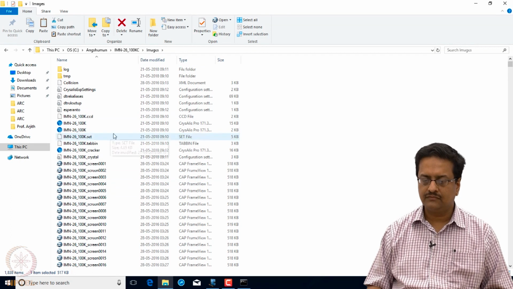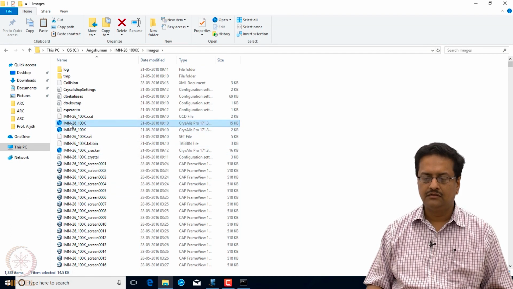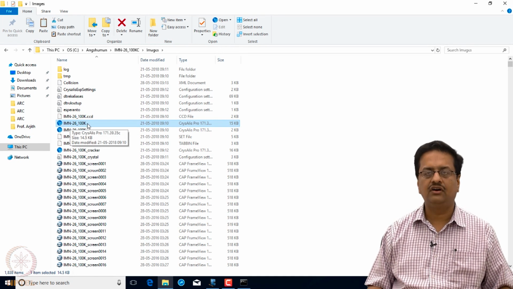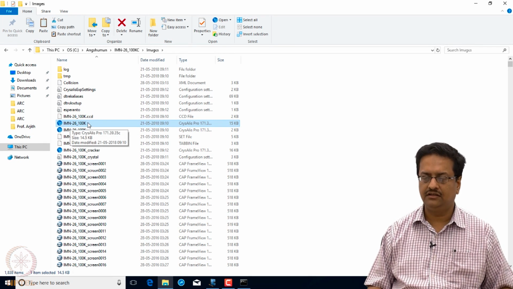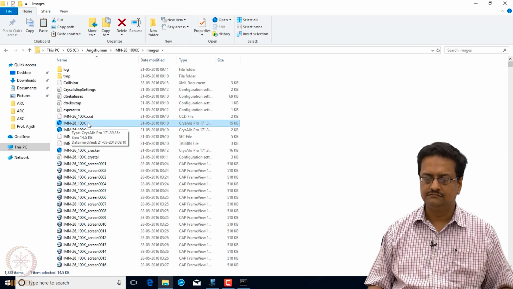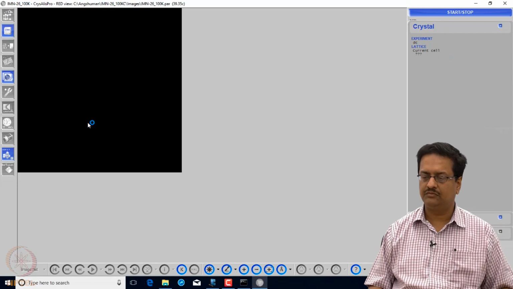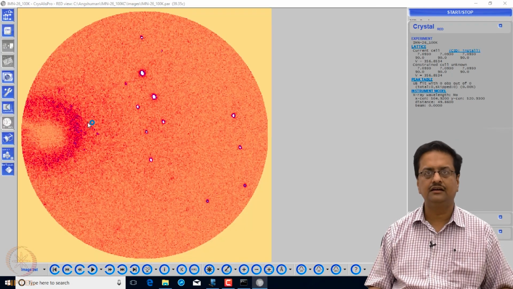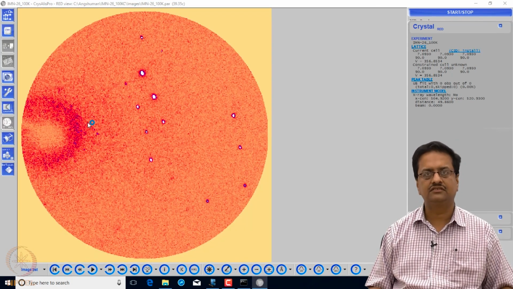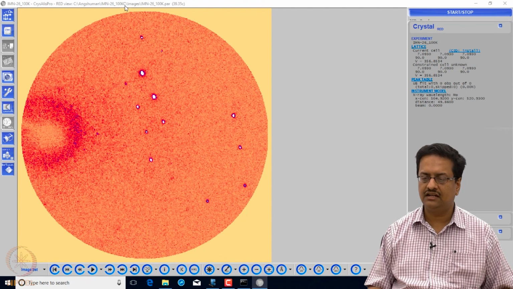Now in this we have a file which is called the parameter file, the .par file. On double clicking this .par file, it opens the data in the software called CrysAlisPro, which you can see at the top.